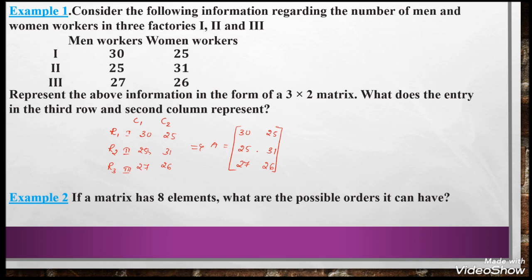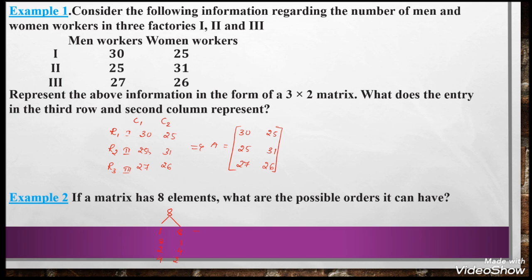Next, there is example number 2. If a matrix has 8 elements, what are the possible orders it can have? Totally, there are 8 elements. For finding the possible orders, we have to take the divisors of 8. So 8 can be written as 1 into 8 or 8 into 1, and 2 fours are 8, 4 twos are 8.